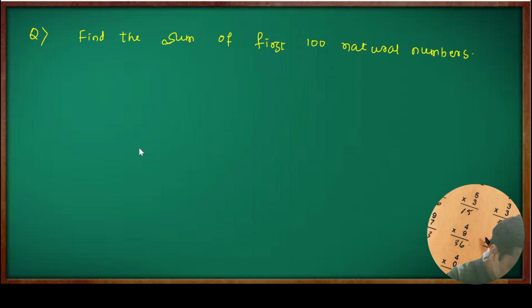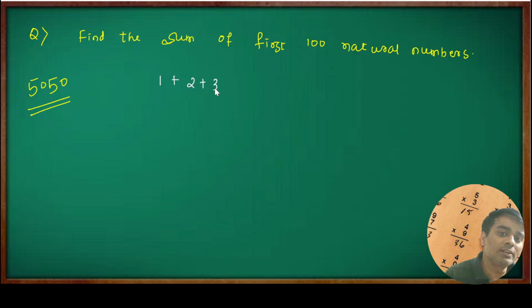1900. 5050 is the right answer. Just check if you have gone wrong. So first 100 natural numbers, right? 1 plus 2 plus 3 plus so on to 100.